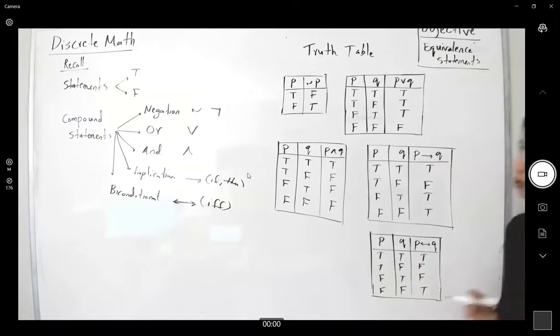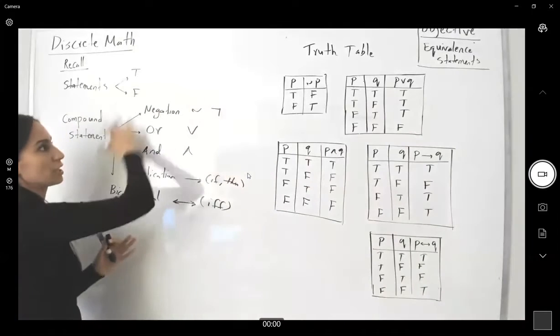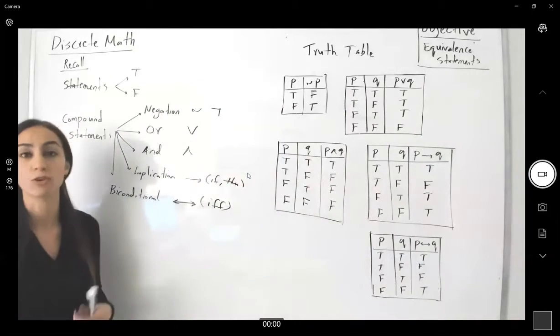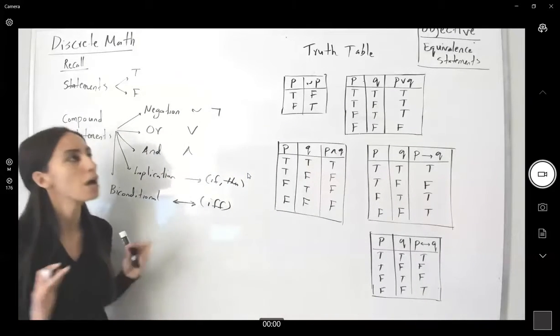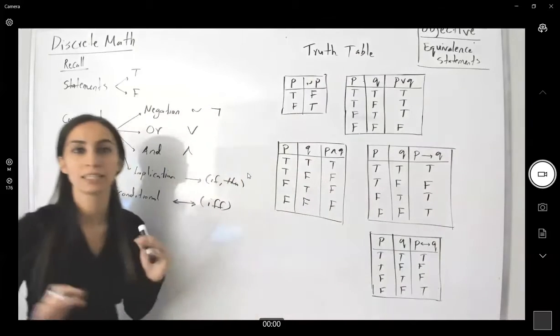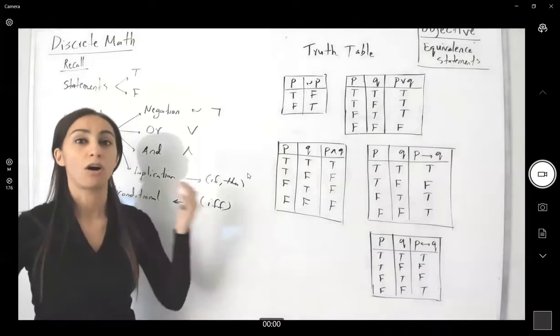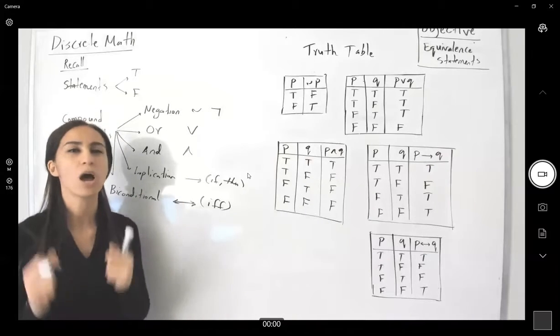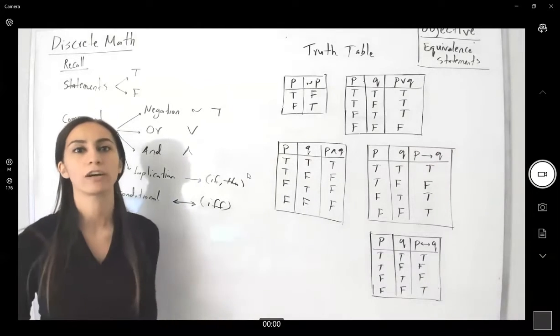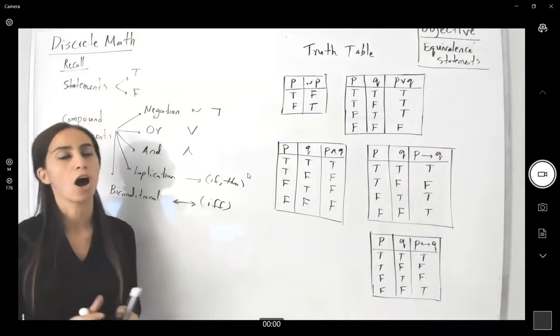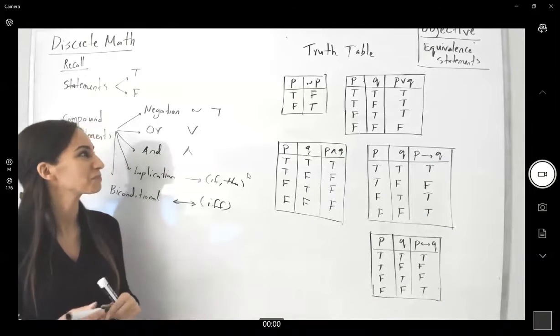So again, to keep track of the truth or falsity of these compound statements, we use truth tables. But eventually, we're going to use some laws to help us identify the truth or falsity of statements.